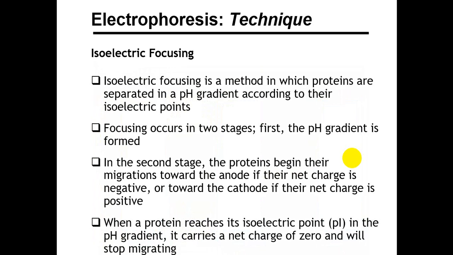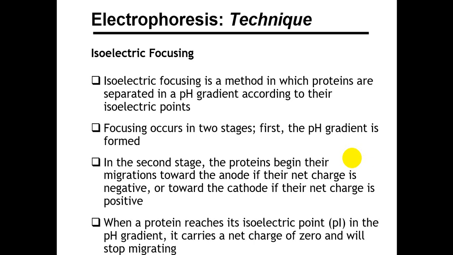So isoelectric focusing is a method in which proteins are separated in a pH gradient according to their isoelectric points. Focusing occurs in two stages. First, the pH gradient is formed. In the second stage, the proteins begin their migration towards the anode if their net charge is negative, or toward the cathode if their net charge is positive.